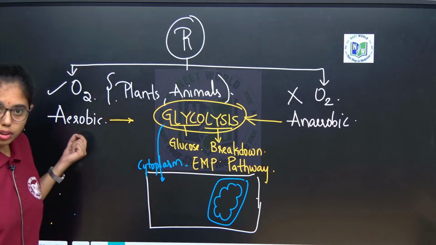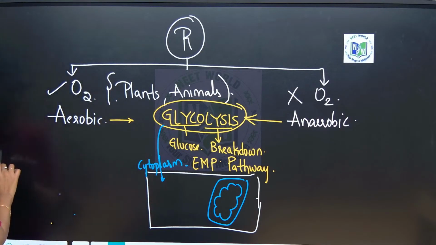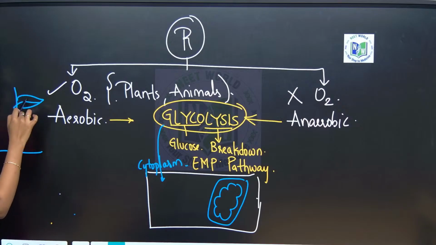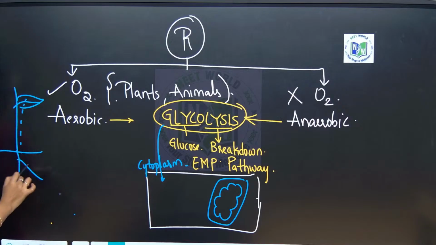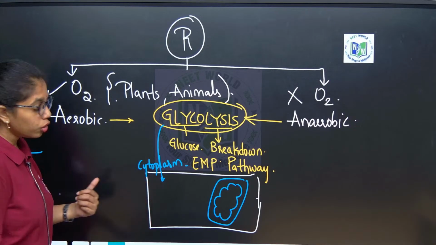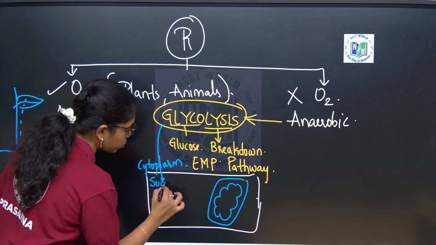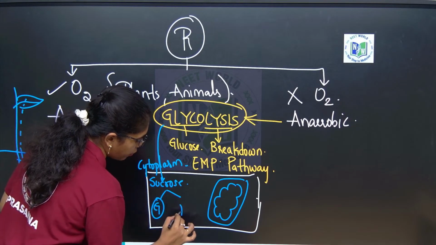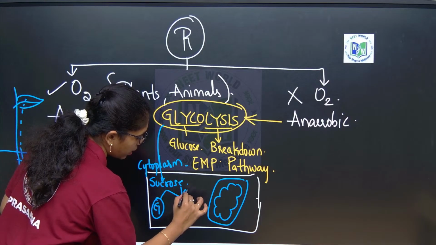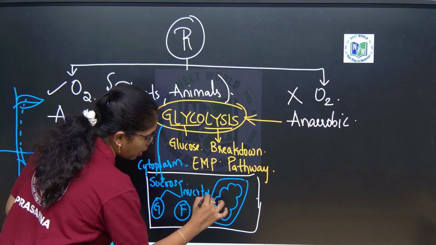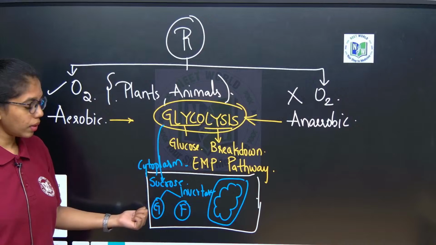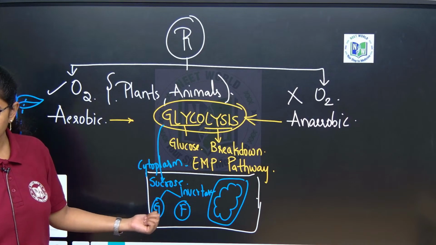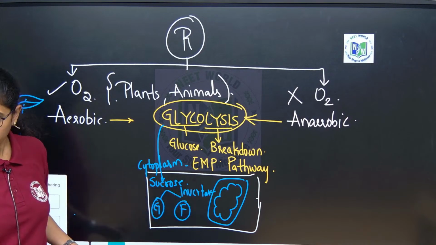Fine. Let us suppose sucrose has reached a root cell from a leaf cell. Once after reaching the cell, sucrose first breaks into glucose and fructose by the enzyme invertase.